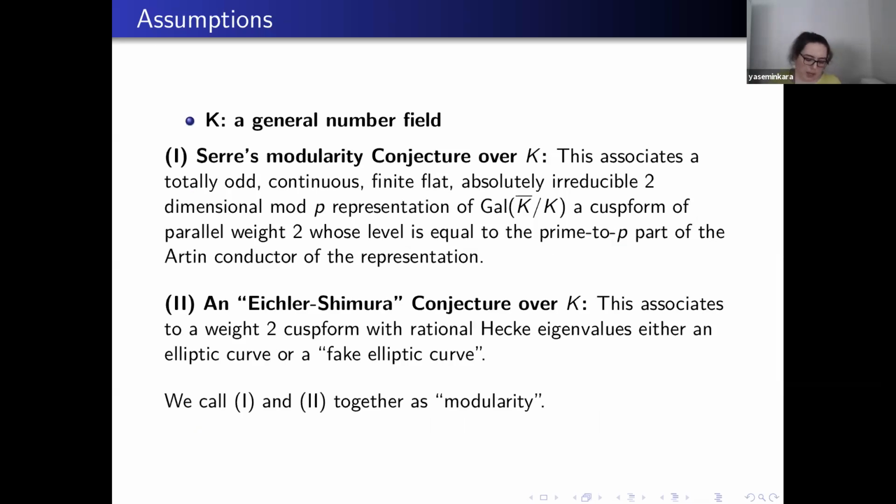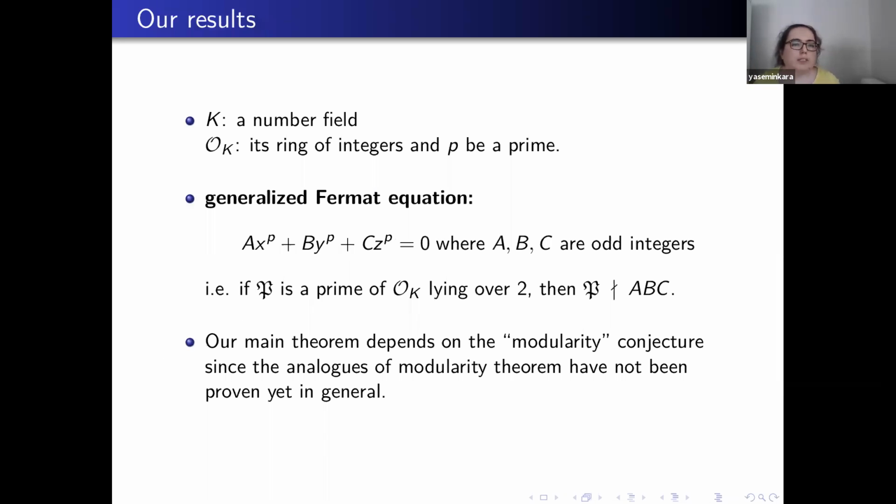Okay, so now let me talk about our results. We take an arbitrary number field, and O_K denotes its ring of integers, and p is a prime. Now we look at a generalized Fermat equation. That means you have coefficients a, b, c in front of x to the p, y to the p, and z to the p. Here a, b, c are from the ring of integers of K, and they are odd.